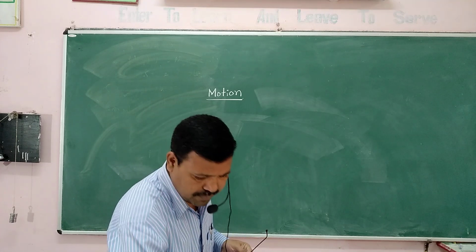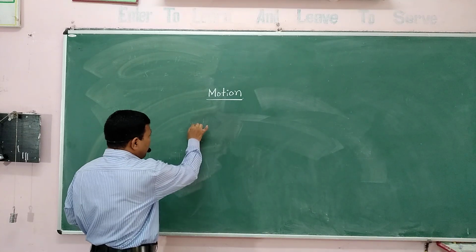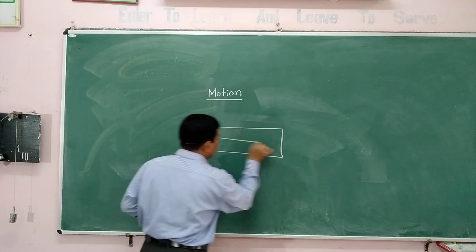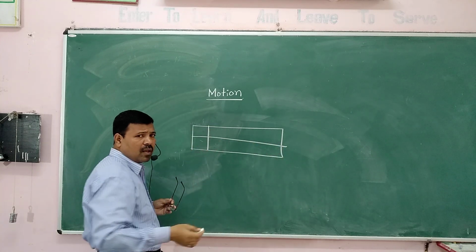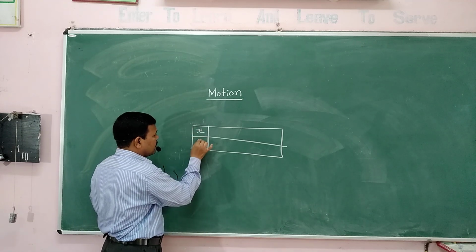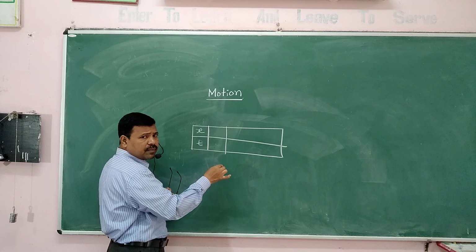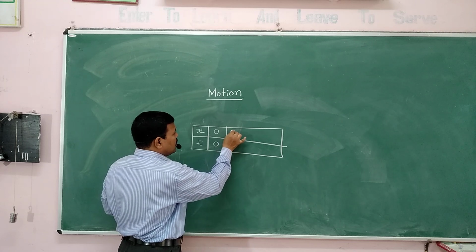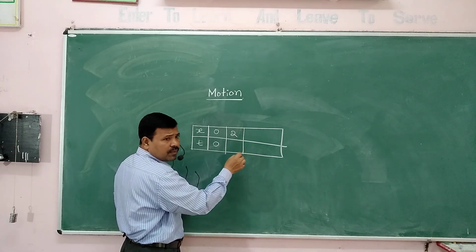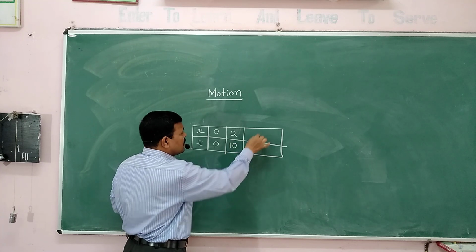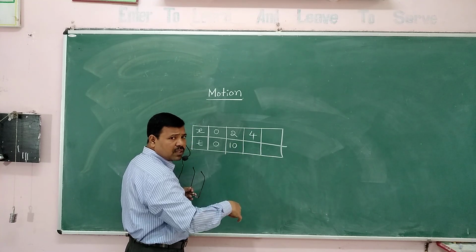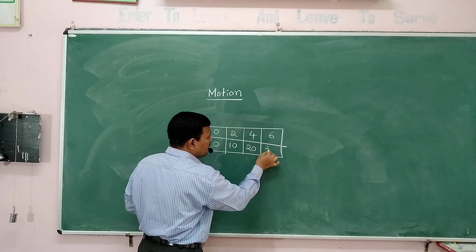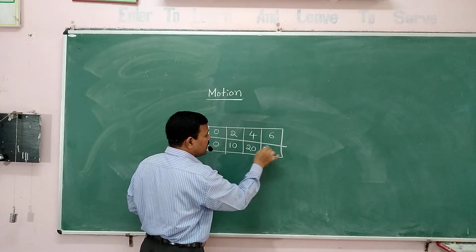Say for example, a car covers 0 kilometer in 0 second, 2 kilometers in 10 seconds, 4 kilometers in 20 seconds, 6 kilometers in 30 seconds.